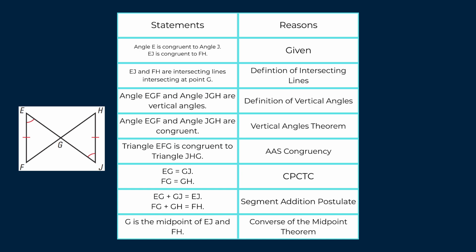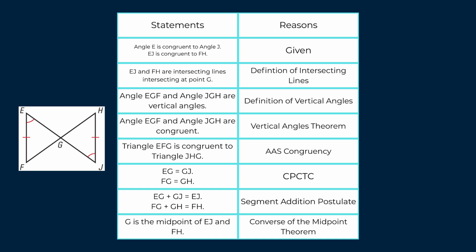But since we know that EG equals GJ and FG equals GH, because they're both corresponding parts of congruent triangles, they are both congruent, meaning that they are both equal, meaning that we can use the segment addition postulate to say that EG plus GJ equals EJ, and FG plus GH equals FH.